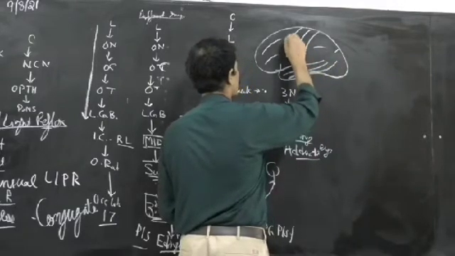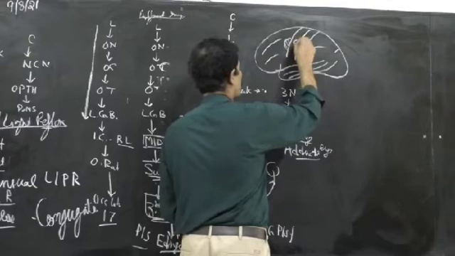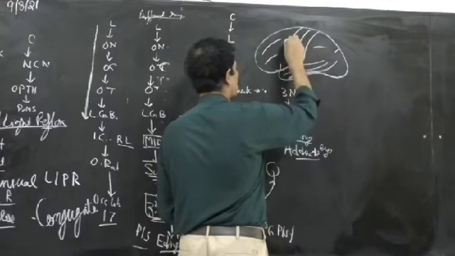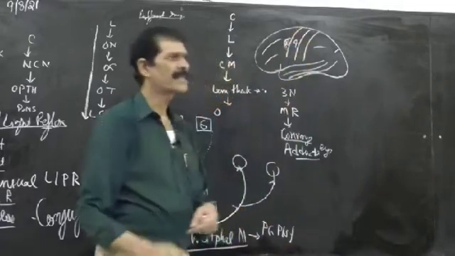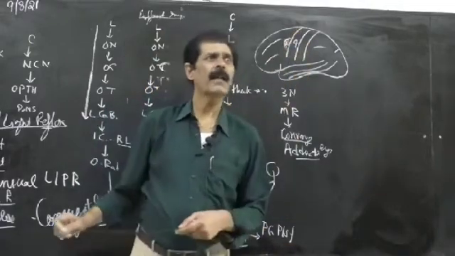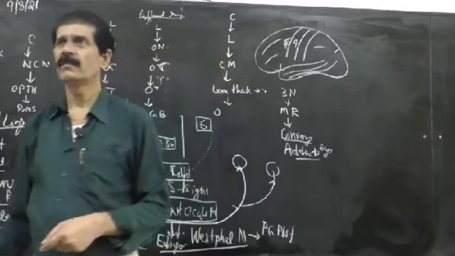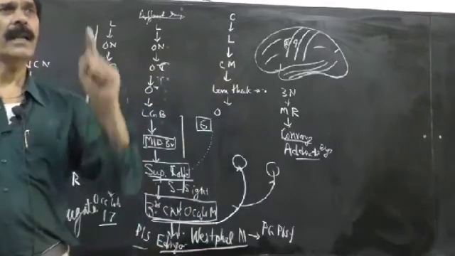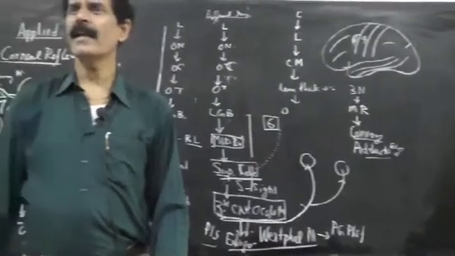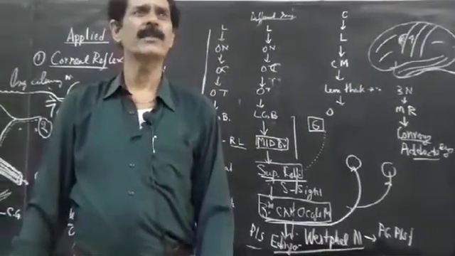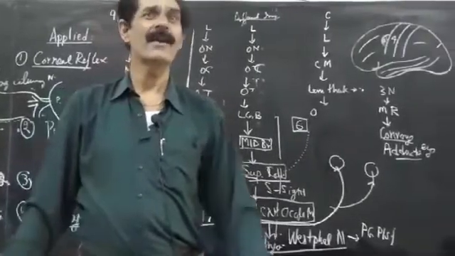This is the area. Brodmann number of the precentral gyrus is 4. And what is the number of this small area in front of the precentral gyrus? It is number 6. What is this called? Frontal eye field area. Remember, frontal, so it is concerned with the eye. And what we have said at that time, that this area is responsible for conjugate movements.